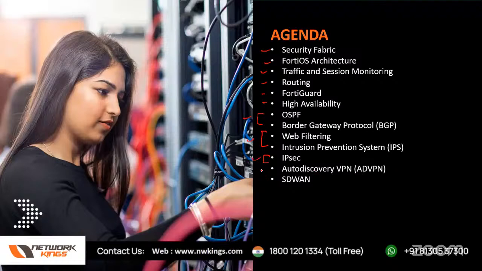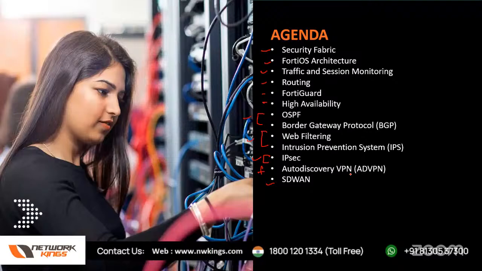This is an additional VPN, which is also called a hub and spoke setup, right? So that is the AD VPN for you. So that's an additional topic, and we also have SD-WAN. Okay. So apart from the AD VPN, most of the topics are the same as what we saw in the NSE4. Correct?